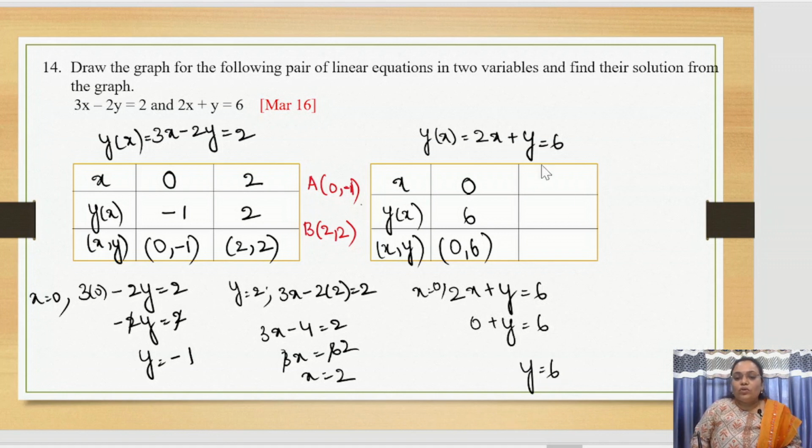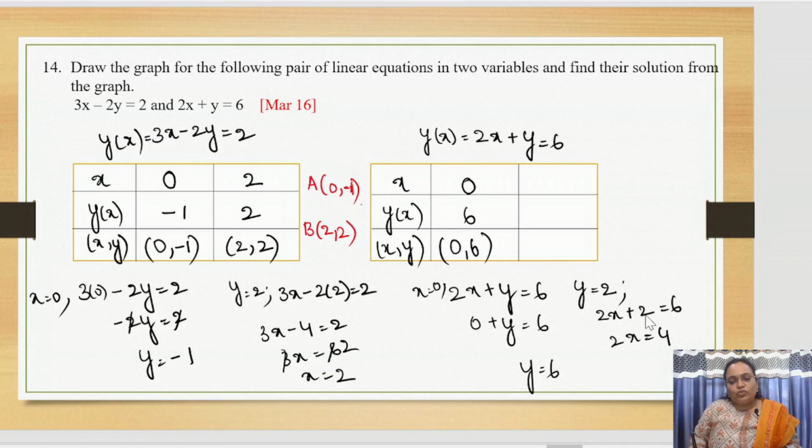Okay. So if y is 1, you will get a decimal, right? So see here, if y is 1, this will go to RHS, which is 5. 5 by 2 is again a decimal. So let us take y is equal to 2. Then you will get 2x plus 2 is equal to 6. 2x is equal to 4.